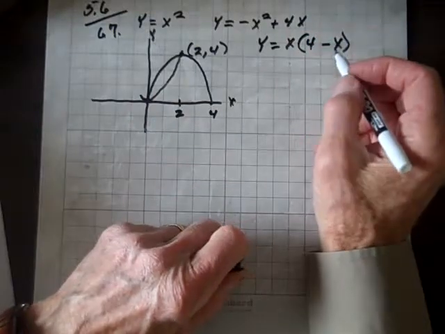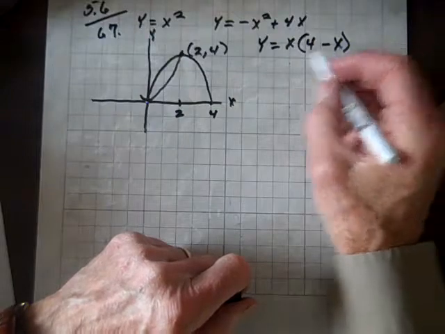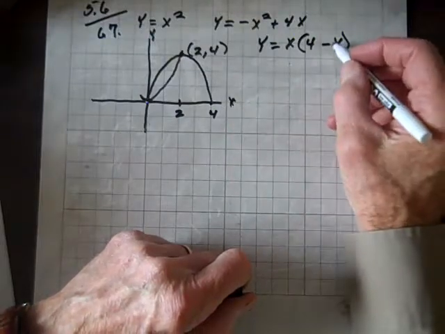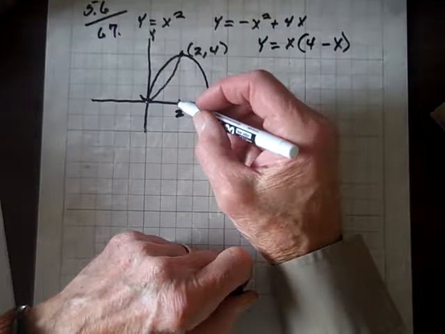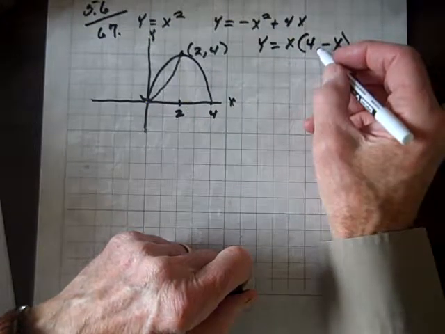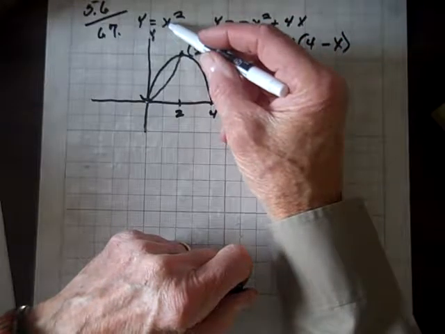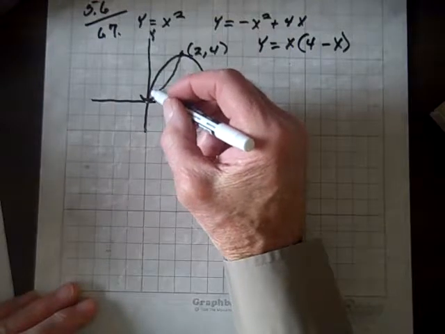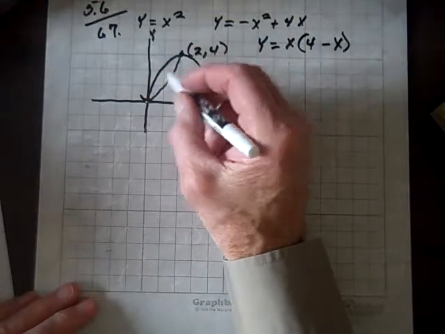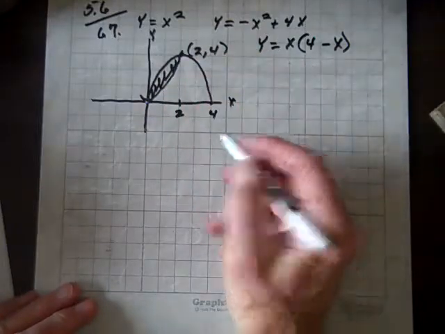So we've got a 0 at 0 and a 0 at 4, and so the axis of symmetry will always be halfway between, so we'll evaluate this for 2, and when we do that, we get 4. So the area enclosed by the two curves is on the interval from 0 to 2.